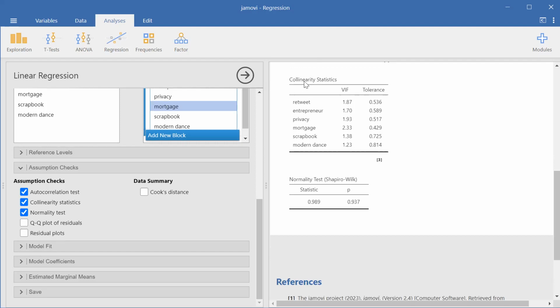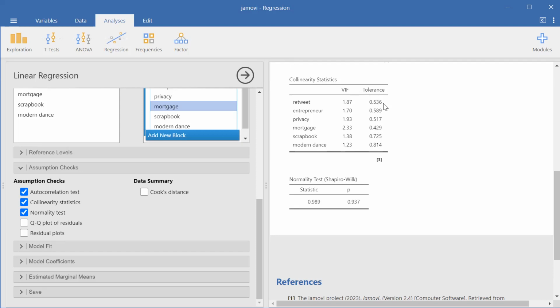Now, collinearity. For that, we look at the tolerance. The tolerance is supposed to range from 0 to 1. The value of 1 indicates that the predictor variable is not collinear with any of the other predictor variables, and the value of 0 indicates that the predictor variable is perfectly collinear with one or more of the other predictor variables. Here, most of the values are close to 1, and we can round off 0.7 to 1, and 0.8 to 1.